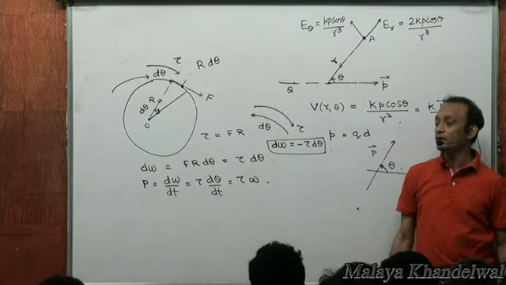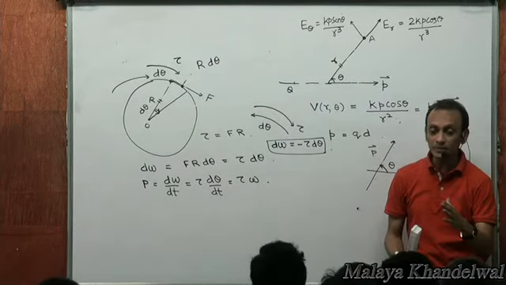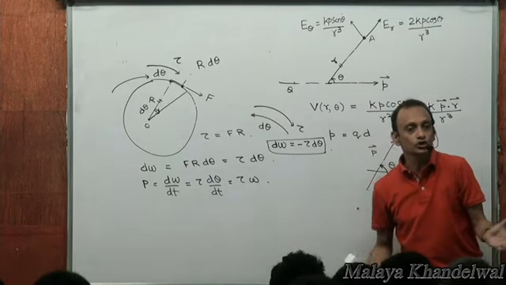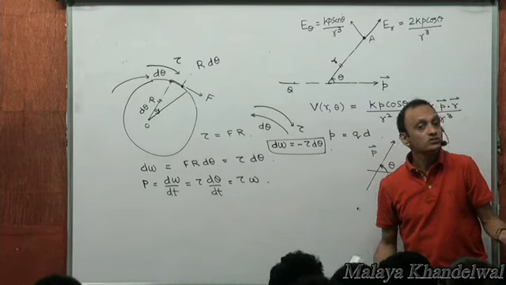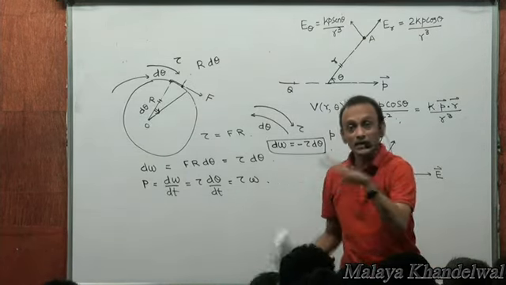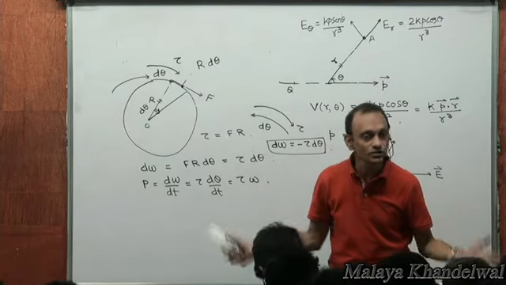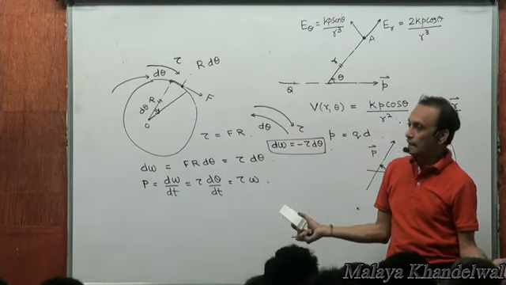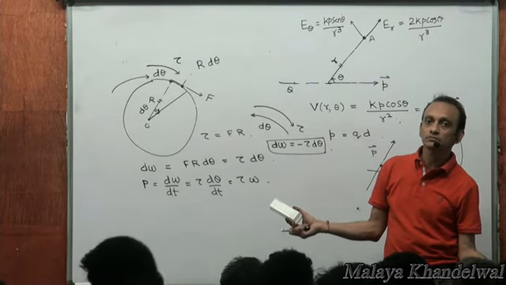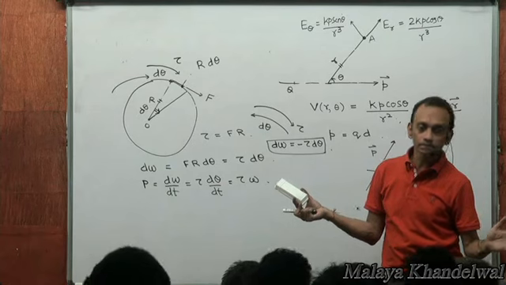Just like the force: if force and displacement are in the same sense, F into S, but if they are in opposite directions, minus F into S. Same way, adapted from similar considerations. Is that okay or not okay?